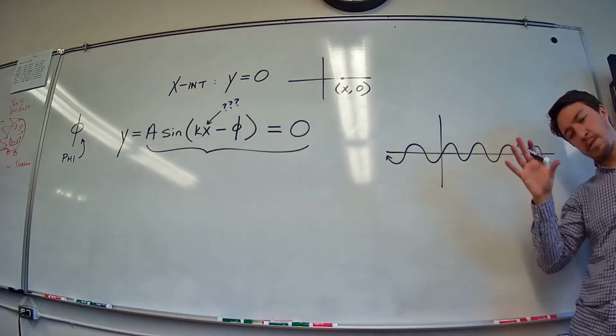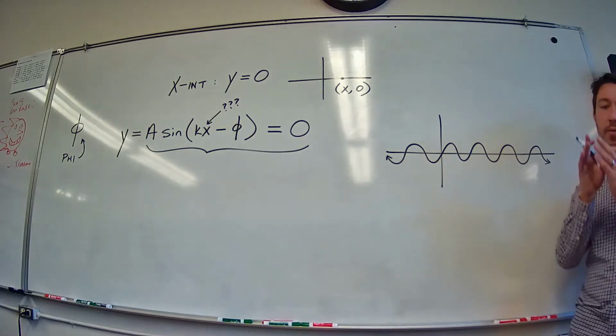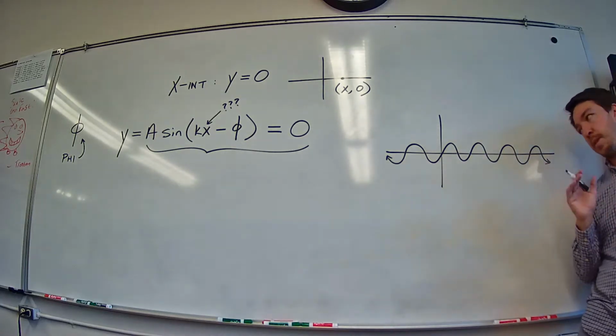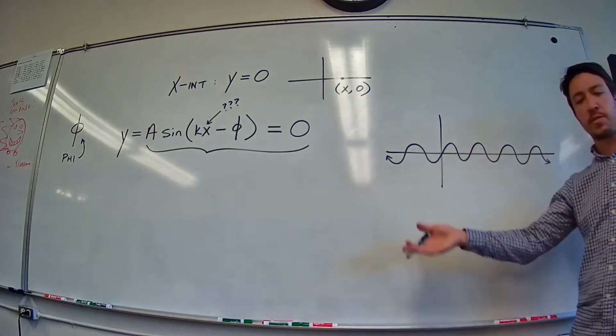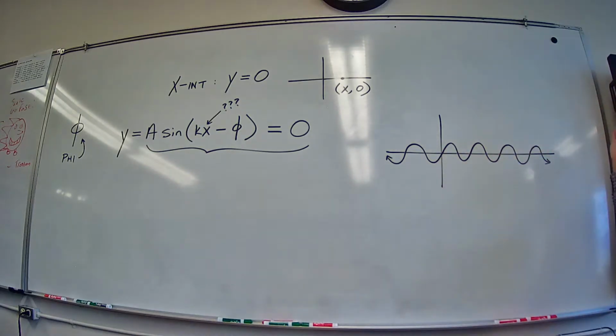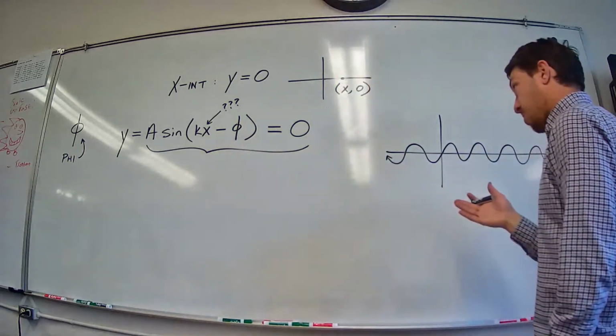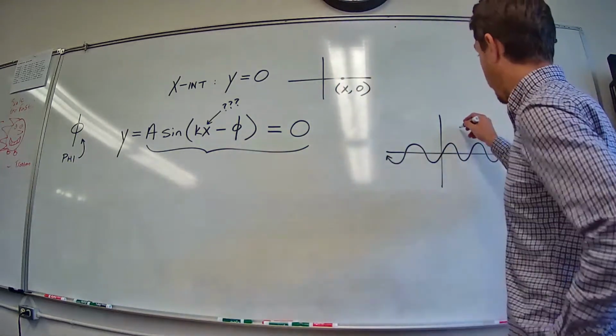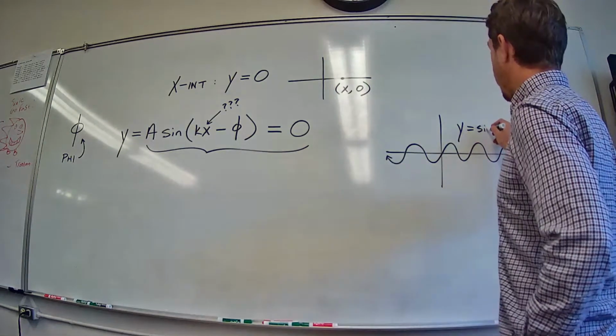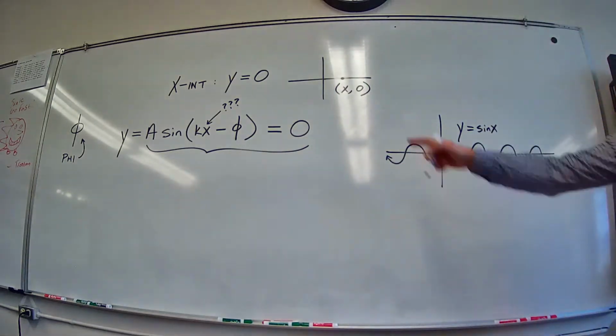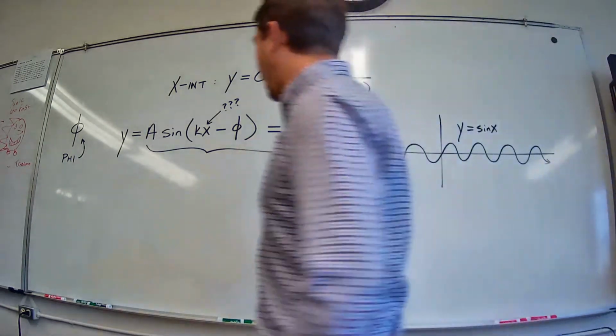Now, a lot of times when you're analyzing them by hand, you just maybe look at one period or 2 periods. But if you graph it on Desmos and zoom out, you'll see it just goes forever. So, of course, that's a plain Jane y equals sine of x. This guy's different. Okay.